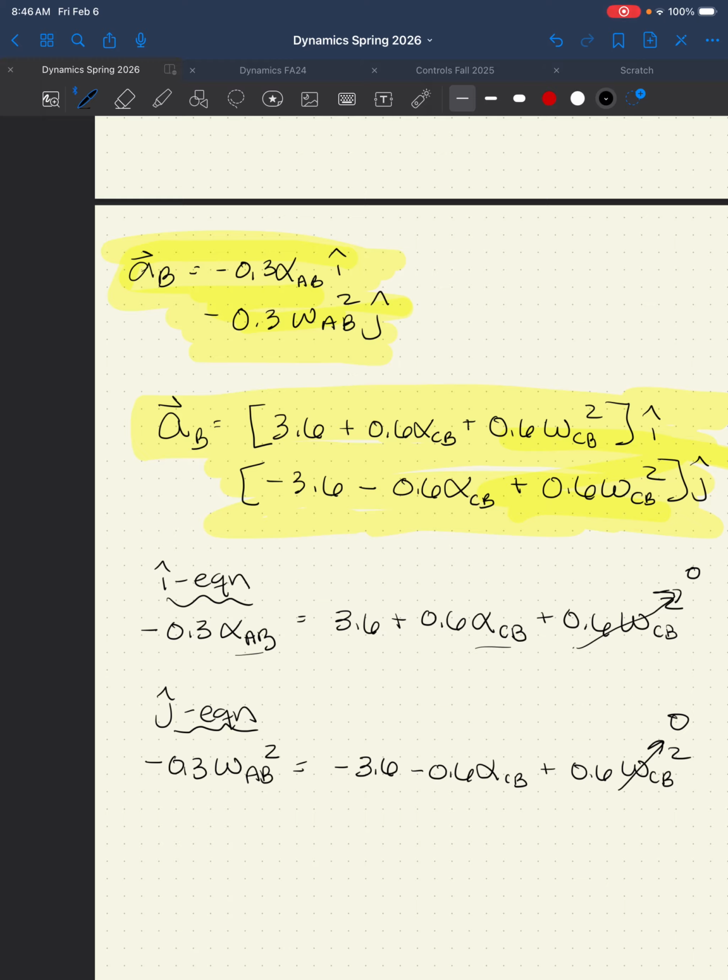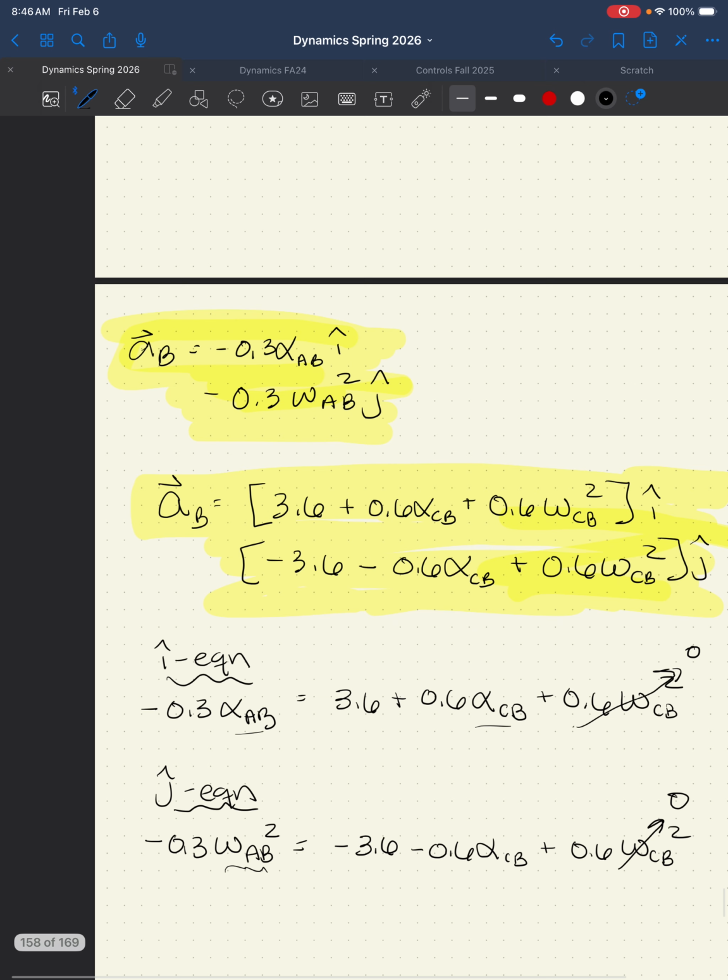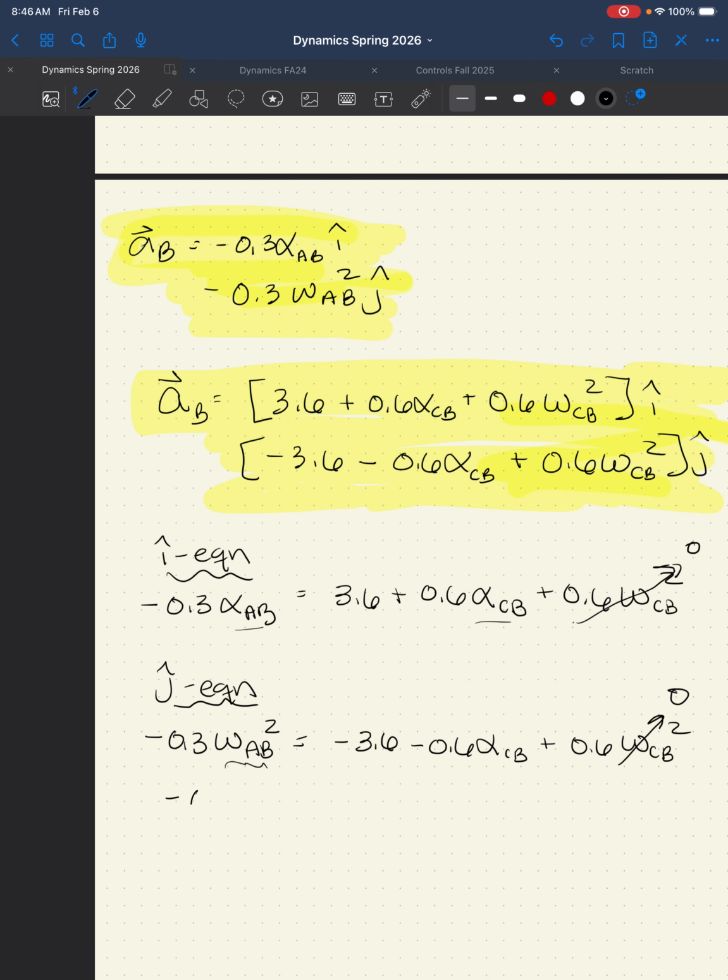And now I can also plug in omega AB, which is 6. So I get minus 0.3 times 6 squared. And now this equation is only in terms of alpha CB, so we should be able to solve that. Alpha CB equals minus 36.